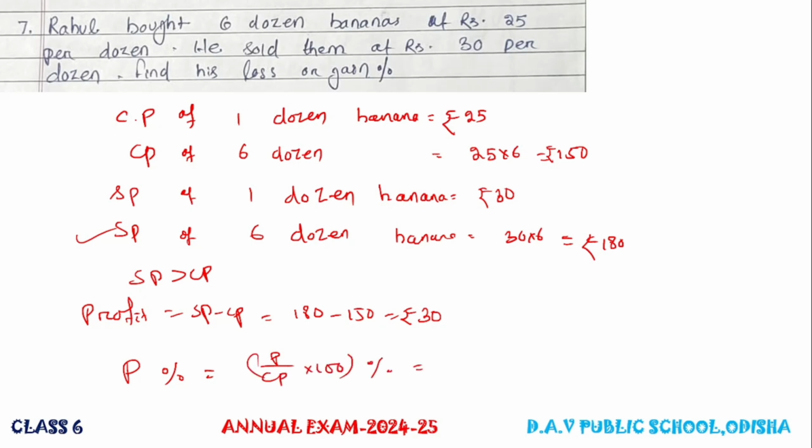Now put the value, that is 30 divided by 150 into 100. 10 cancel. 3 by 15, 2 ja 30, 2 10 ja 20, that is 20%.